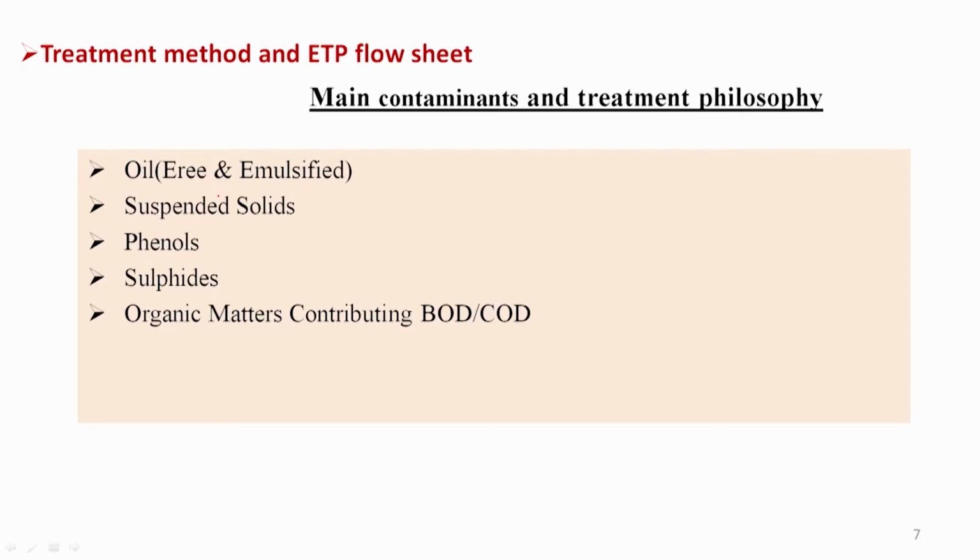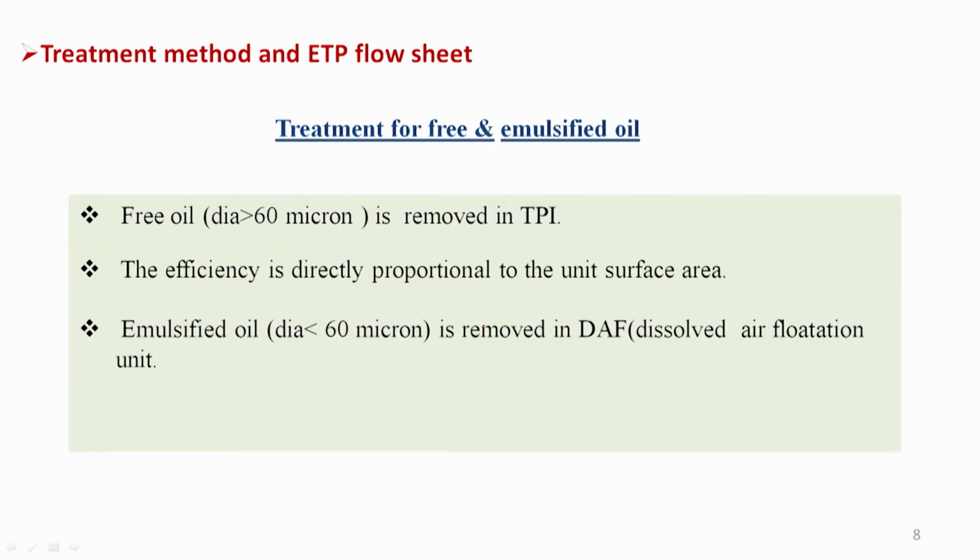And now the main constraints and treatment philosophy for refinery wastewater. Here we have oil separation, suspended solid separation, phenol separation, sulphide separation and organic matter separation. These are the basic needs for the treatment of refinery wastewater. Then how will we do the treatment for free and emulsified oil?